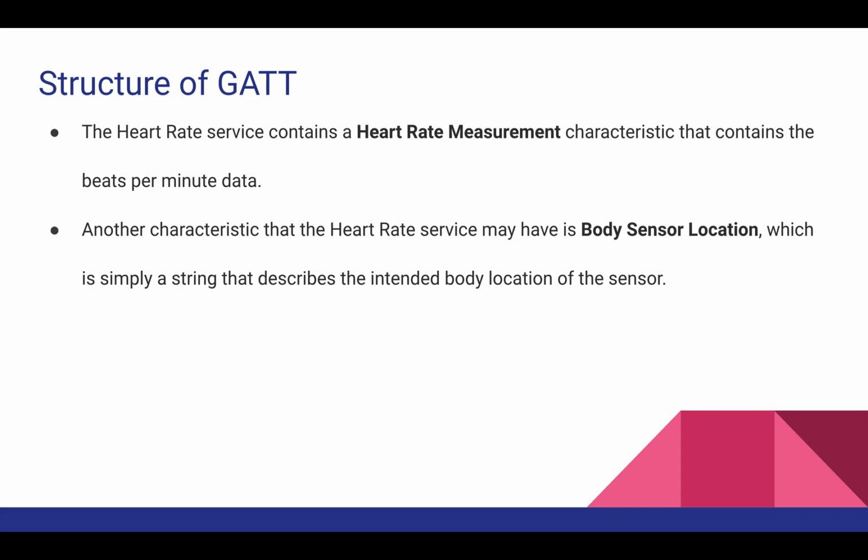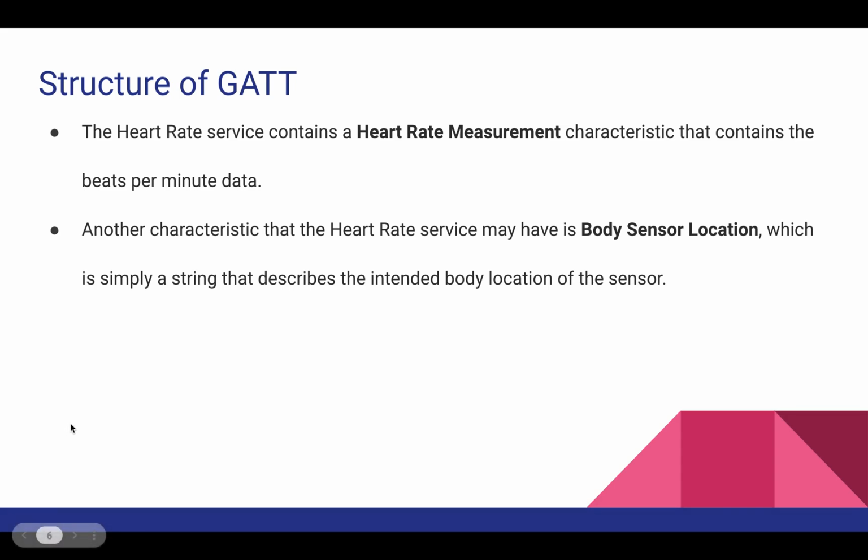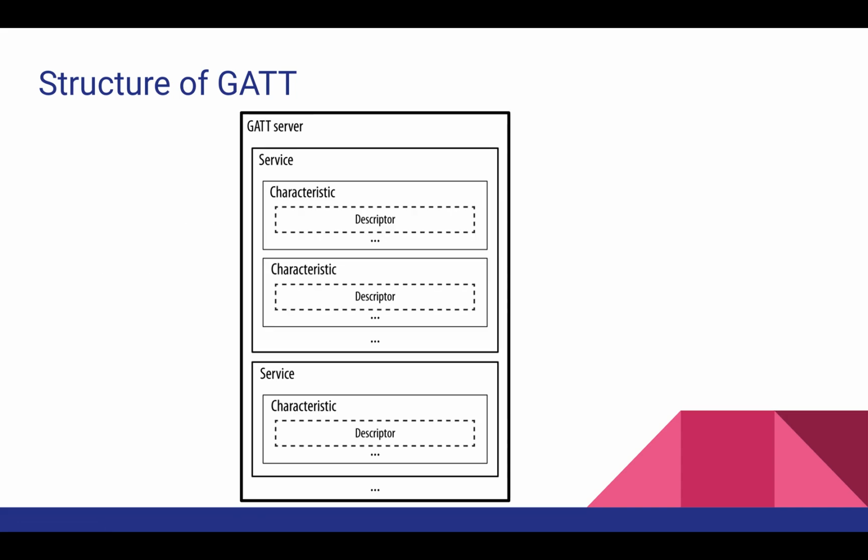The heart rate service contains the heart rate measurement characteristic that contains the beats per minute data, and another characteristic that the heart rate service may have is body sensor location, which is simply a string that describes the intended body location of the sensor.